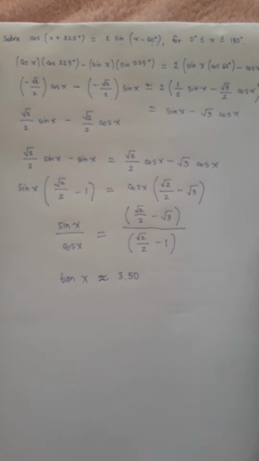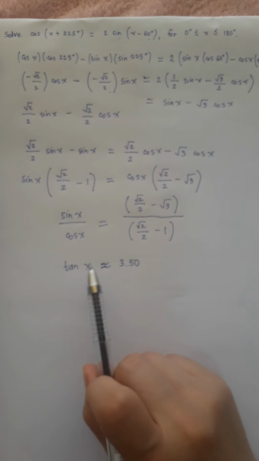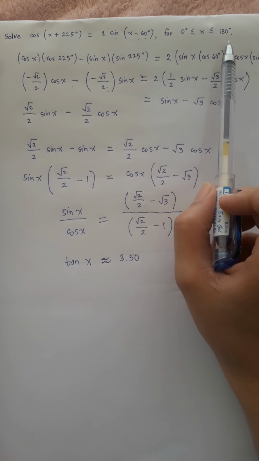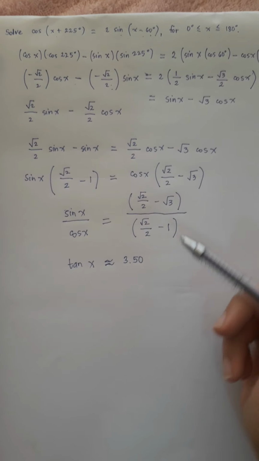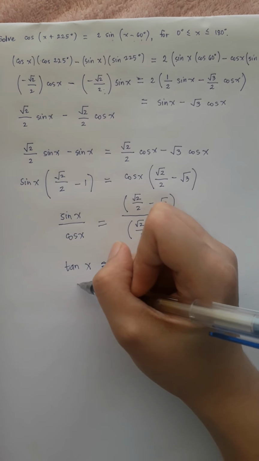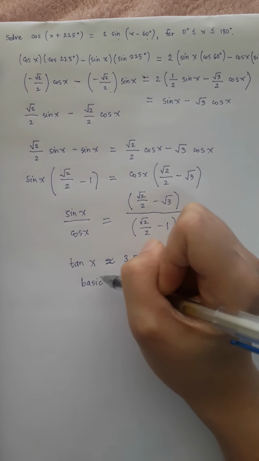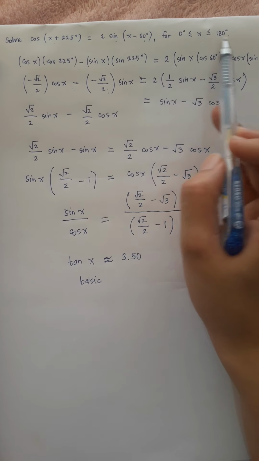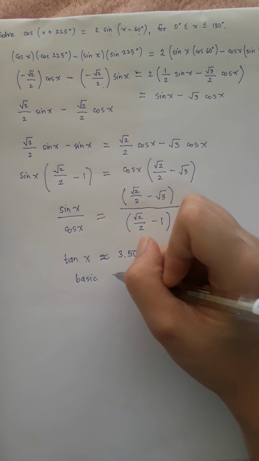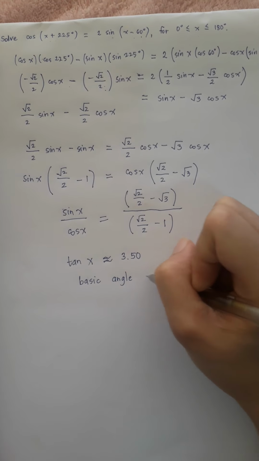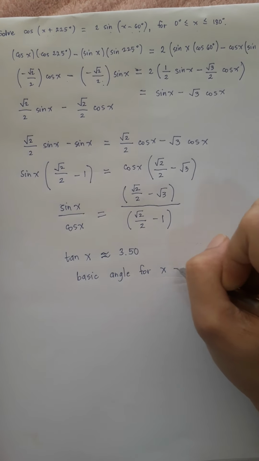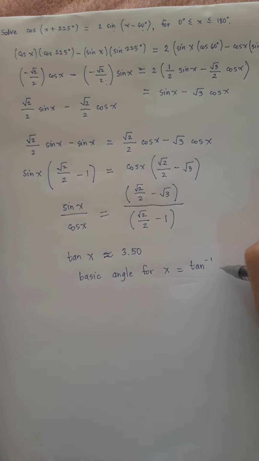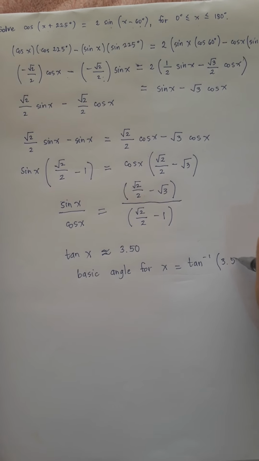Alright, so now we can solve for the value of x, and the value of x that we need is between 0 degrees and 180 degrees. So how do we do that? Again, from here we get the basic angle for x. The angle here is x. The angle here is also x. So we do not need to change this domain. So the basic angle for x is shift tan of 3.50.